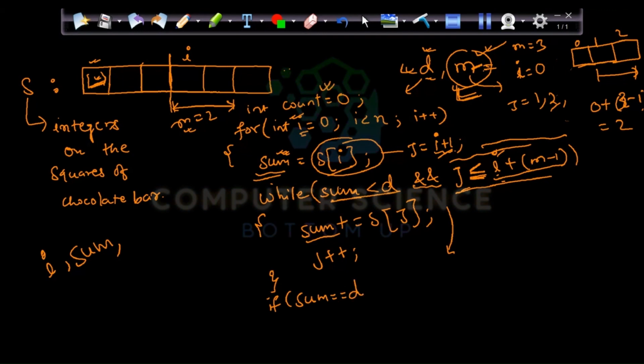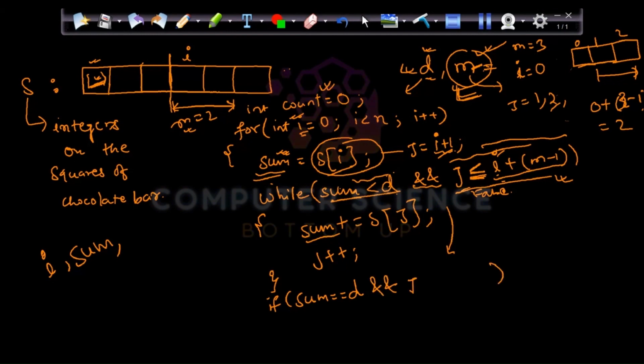But it might also be possible that your sum is still less than d, but your j has exceeded the limit of m consecutive boxes.